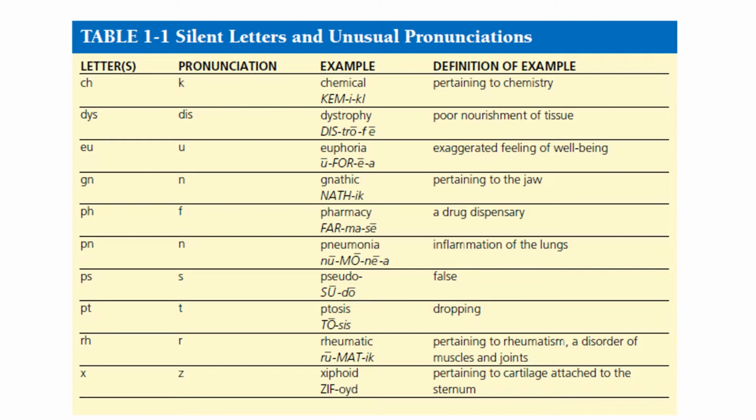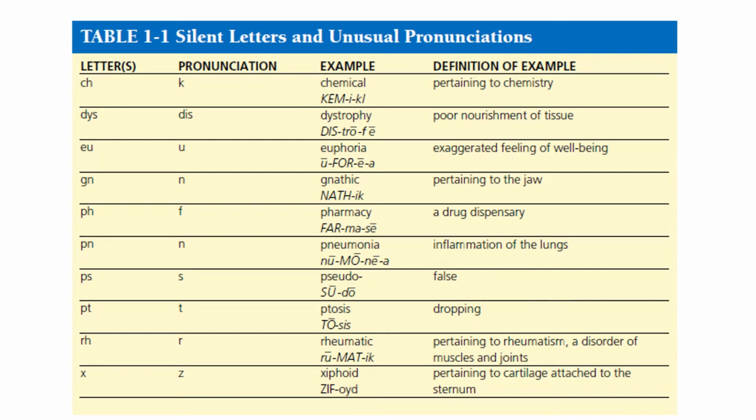The next letters are dys. Dys is pronounced as dis. The example given is dystrophy, or poor nourishment of tissue. This is given as a prefix.